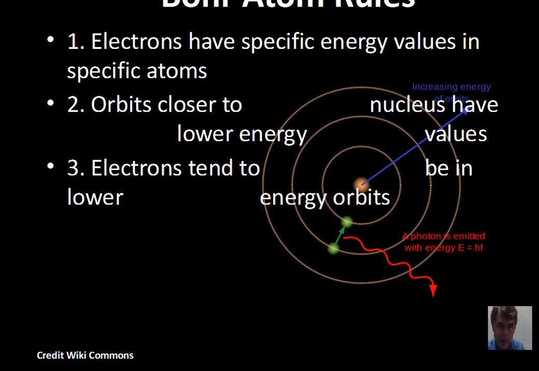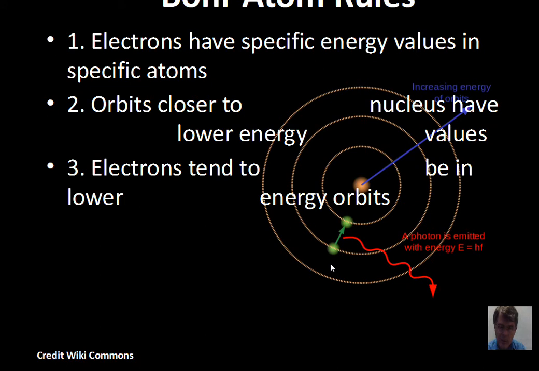Okay, getting light coming out of an atom or coming into an atom and interacting with the electrons, that's key in terms of the emission spectrum and absorption spectrum. We need to know some facts about the electron in the atom. Well, this Bohr model calculated certain energy values for the electron orbits. And the closer we are to the nucleus, the lower the energy is. So higher energy for the electron as we go further away.